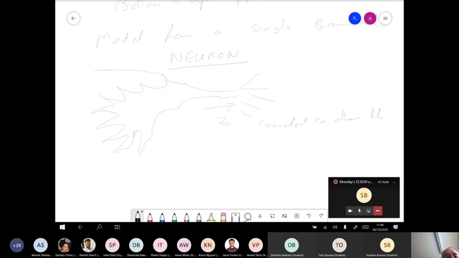Now let's identify these lines as inputs. I1, I2, down to IN. So there is my input vector I.